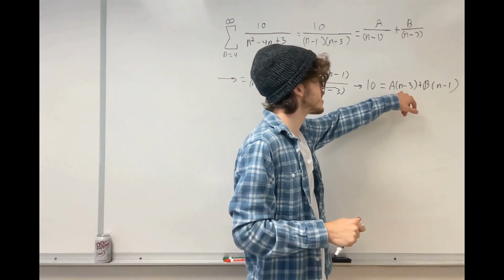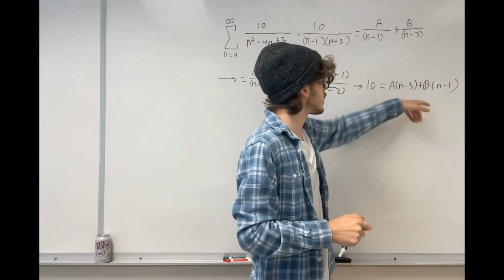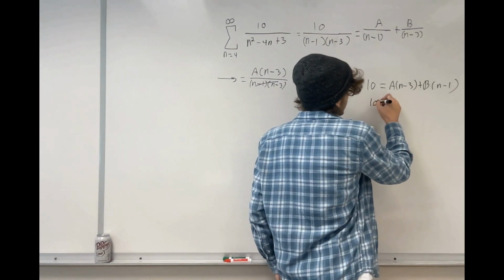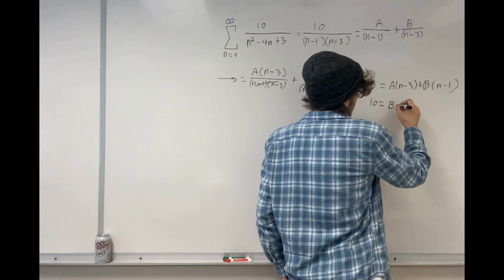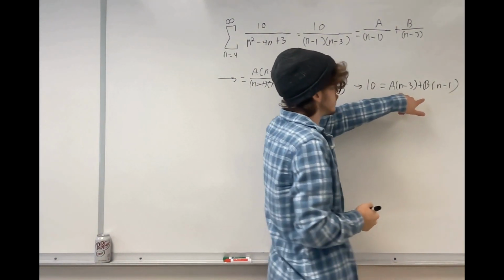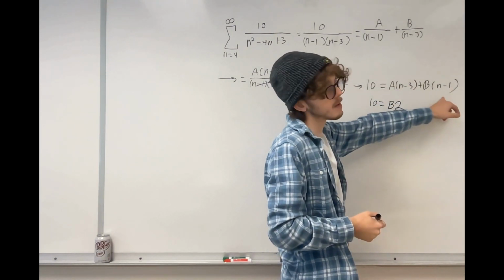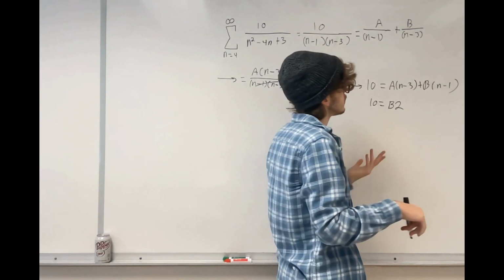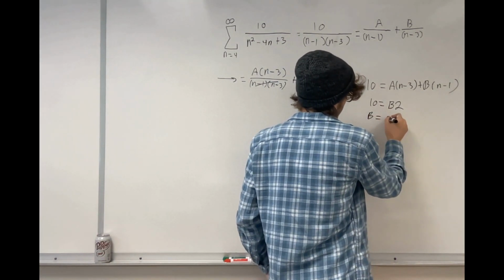If we plug in 3 here, a goes to 0, and if we evaluate 3 over here, we see that 10 is equal to b times 2, or 2b. So we plugged in 3, a went to 0, 3 minus 1 is 2, 2 times b is 2b, and it turns out that b is equal to 5.